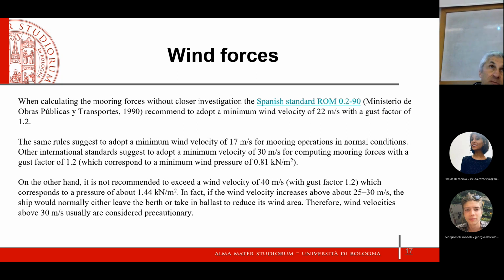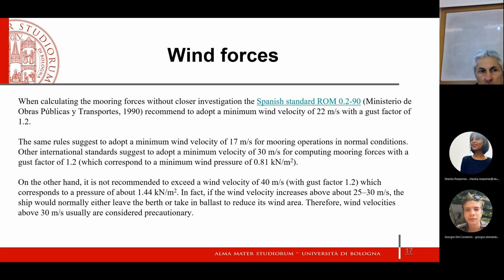Usually, the ships leave the berth when the velocity of the wind exceeds 25, 30 meters per second. They tend to leave the berth. Of course, this is not always possible. Think of a crowded harbor. It's not possible for everybody to leave the berth. It also depends on the ship conditions, whether the ship is in ballast or not. Or they also have a C plan, which is to take in ballast.